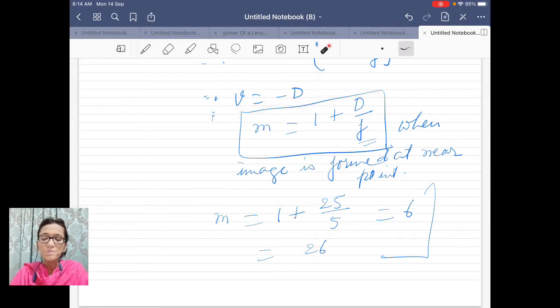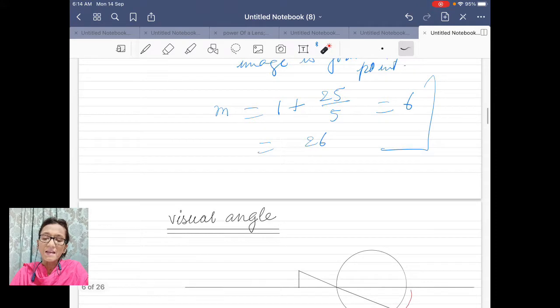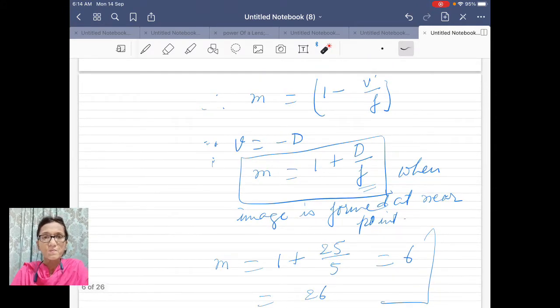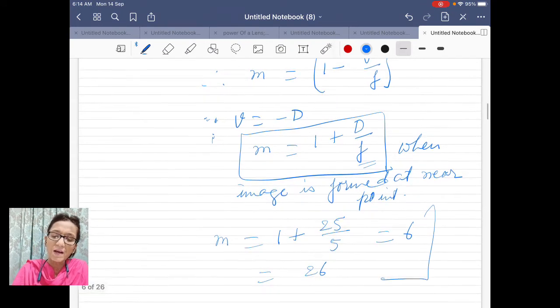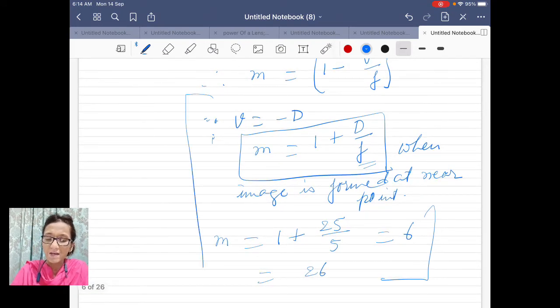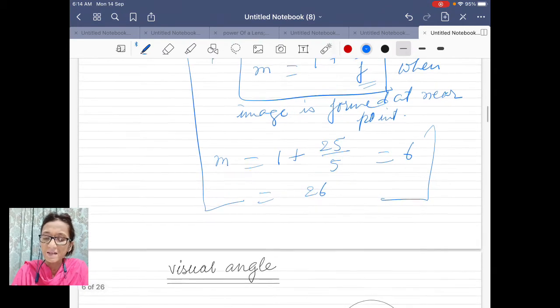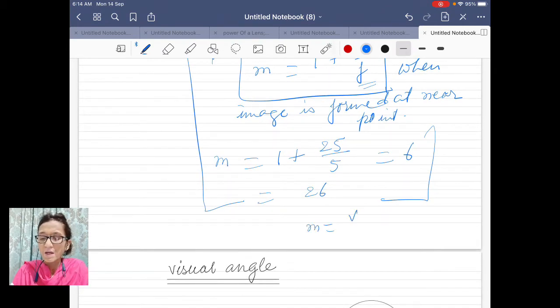Now when the final image is obtained at the far point, at infinity, then in this way you cannot find the magnification. You cannot find it, because magnification is equal to V by U, and when V becomes infinity, you cannot find a magnification in this term.